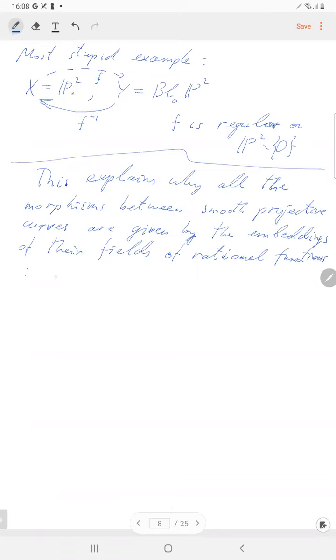Because for curves in dimension 1, rational is the same as regular. Because the irregularities occur in codimension 2 or higher. Yeah, you can extend through divisor, and that's what we know from curves. Okay.